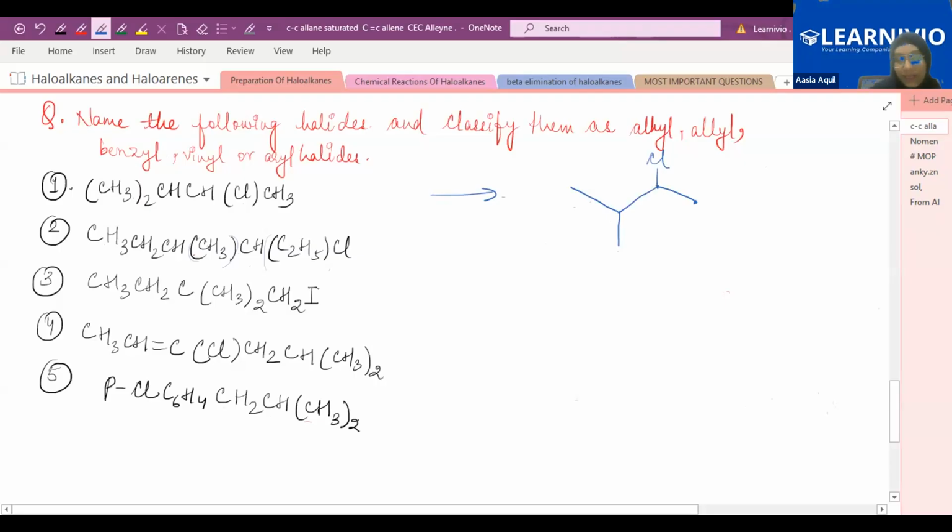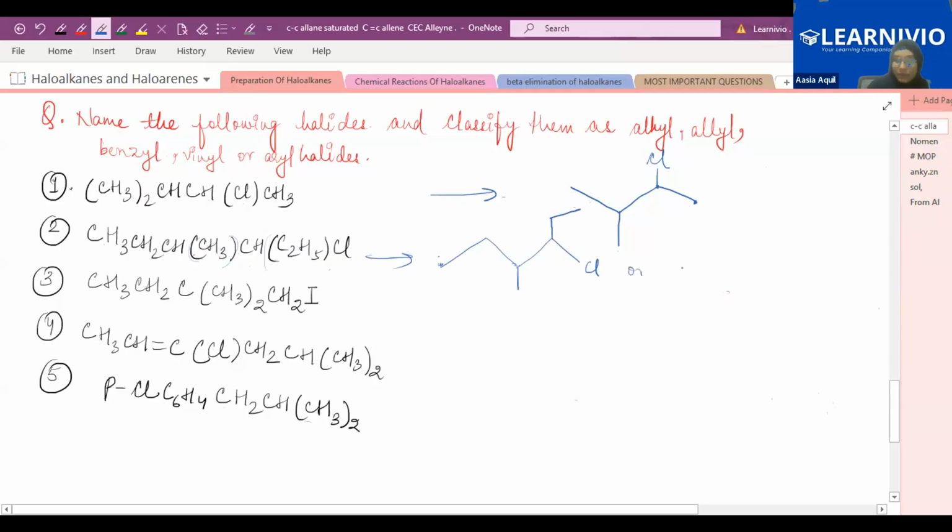Similarly, you can write down the structure for the second one first. It's a CH3, then your CH2, then your CH. And here the CH3 group is there, and here C2H5. One carbon and two carbon, so C2H5.